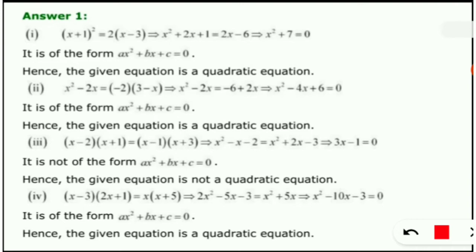So after simplification, x square minus 4x plus 6 equals to 0. So again it is of the form ax square plus bx plus c equals to 0, hence the given equation is a quadratic equation. Always remember that the highest power of x is 2, that's why it is a quadratic equation and of the form ax square plus bx plus c. Okay.